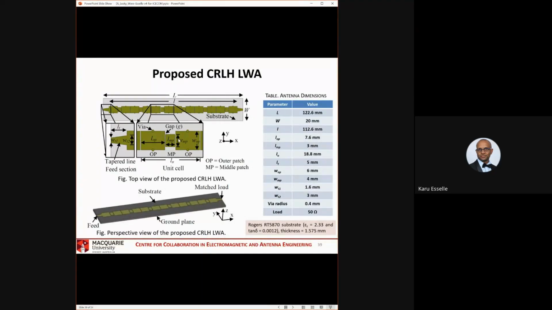These are capacitors. So with these two, the transmission line becomes a composite right-left transmission line. The antenna becomes a CRLH leaky wave antenna. Otherwise, we just feed as usual, with a matched load at the end, and it radiates.